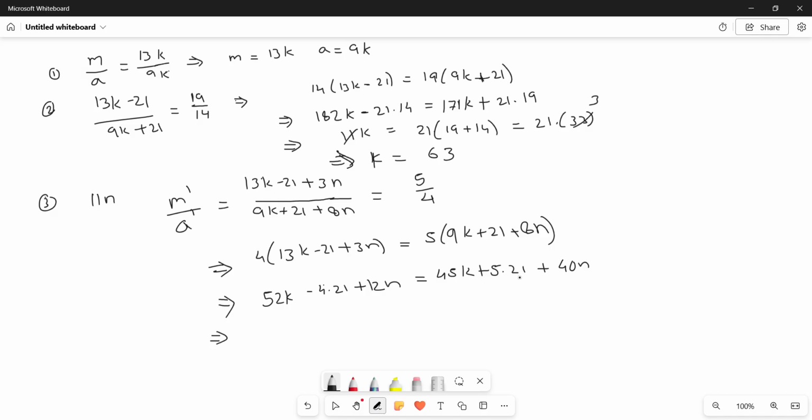Now let's bring the n terms to one side and the rest of the terms to the other side. Putting n on the right hand side and the other terms on the left hand side, that will give us 52 minus 45 into k, 4 plus 5 into 21, and 40n minus 12n.